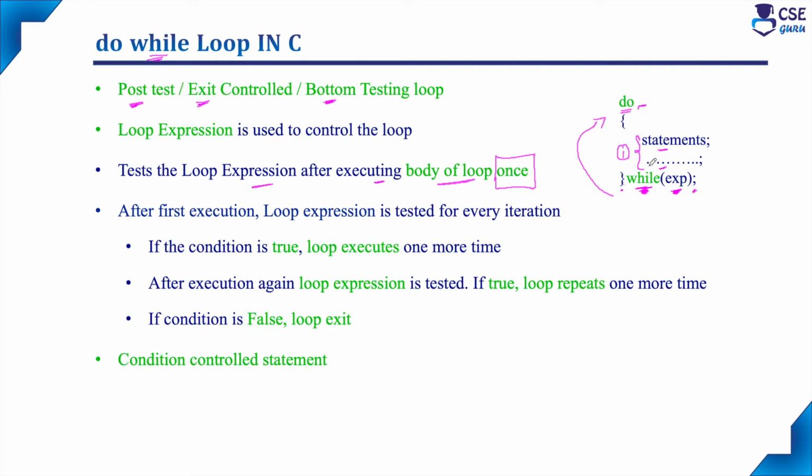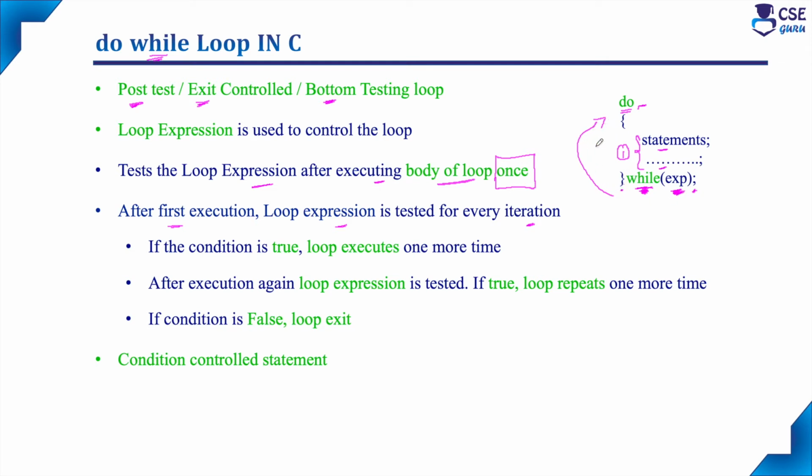After executing the body once, for every iteration the loop expression will be tested. If the condition is evaluated to true, the loop executes one more time. After execution, again it will come to the end and check the condition, that is the loop expression. If the condition is again evaluated to true, the loop repeats one more time.